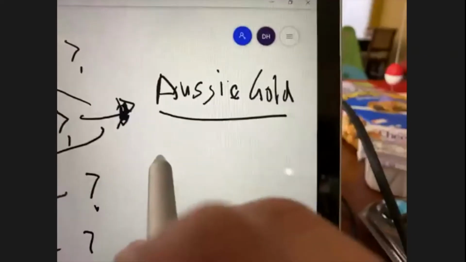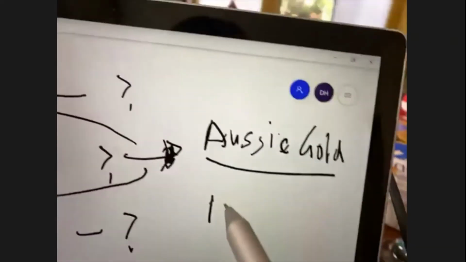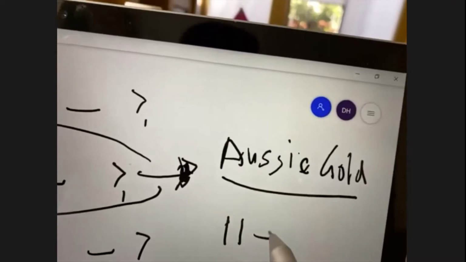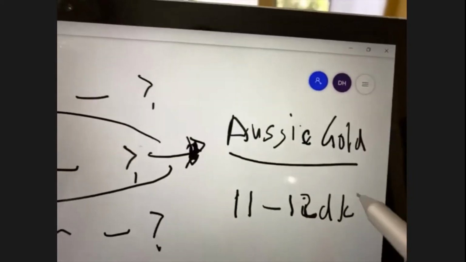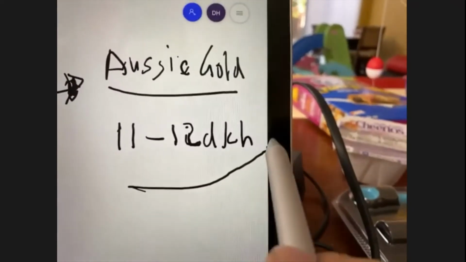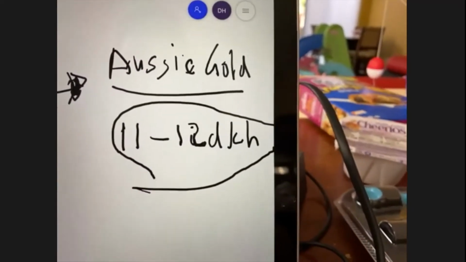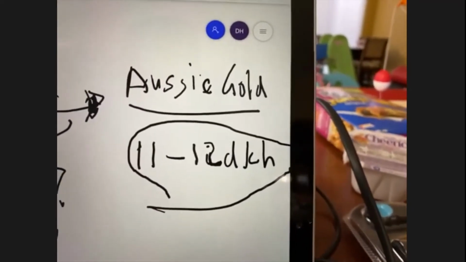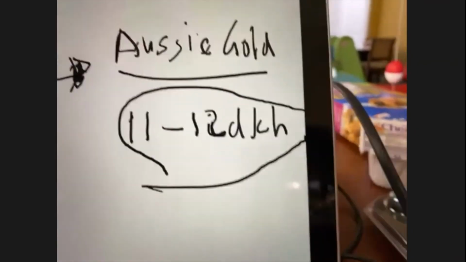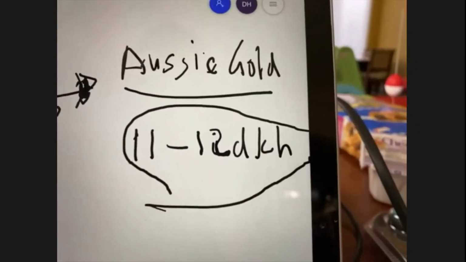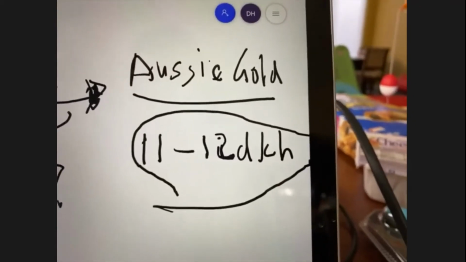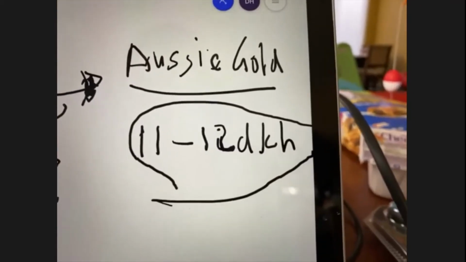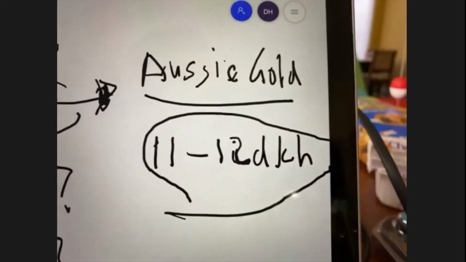Why is that? Because when you bring in Aussie gold directly and you test the water, the alk on Aussie gold is 11 to 12 dKH. So people who have success with Aussie stuff usually keep a higher pH.